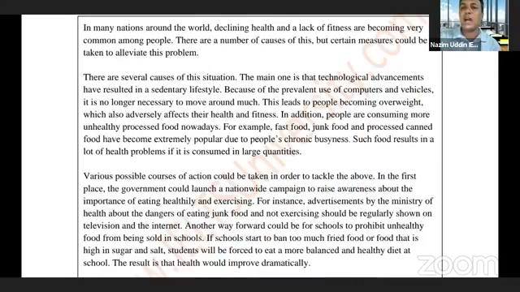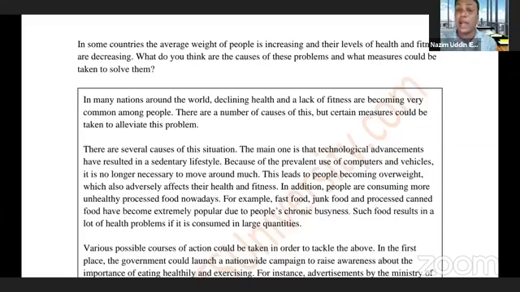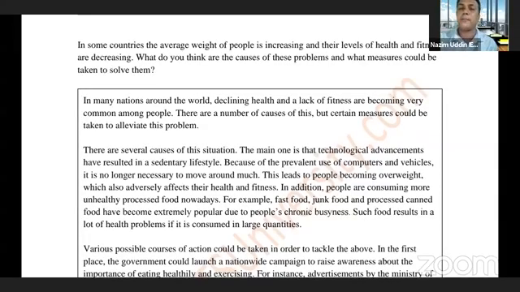Now have a look at the sample answer. How many paragraphs have they written? They have written 4 paragraphs. In the first paragraph, they have written the introduction. What did they write in the introduction?